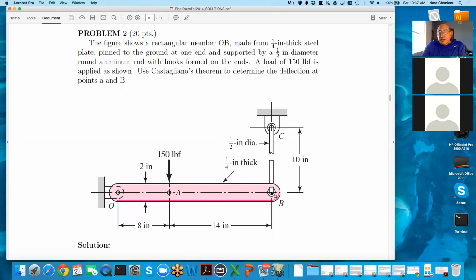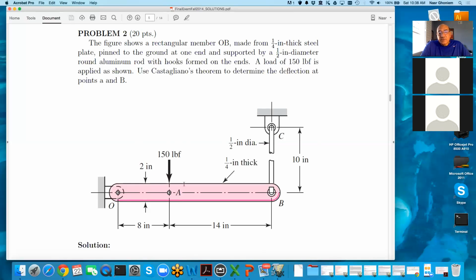And at the end, we have 150 pound forces applied at A. So it's kind of a question here about deflection. And the best way to calculate deflections in something that has multi-connections like that, or even curved sections, is to use Castigliano's theorem. This is kind of the spirit of Castigliano's theorem.